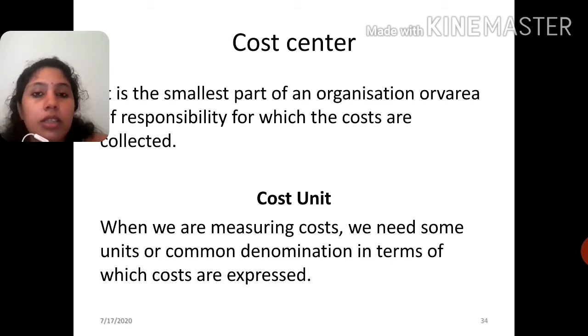We need to calculate the total cost of Chandrika soap production, so we need to use one cost unit. Chandrika soap can be measured in terms of numbers, or packet, or box, etc.